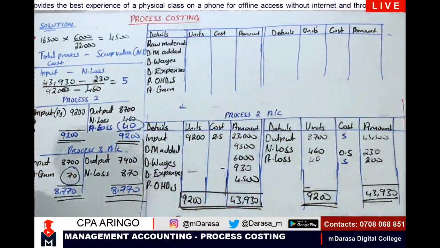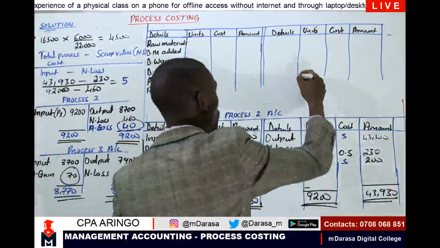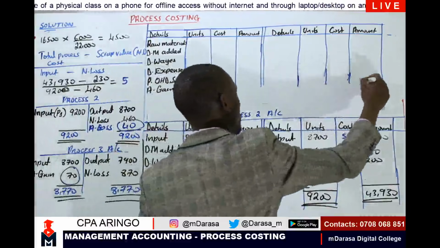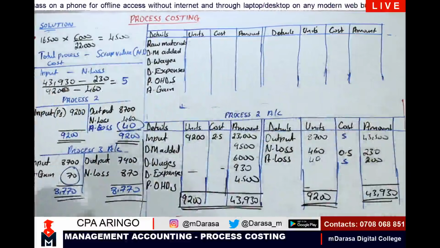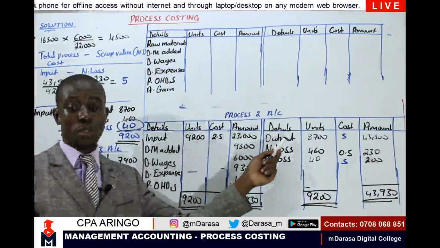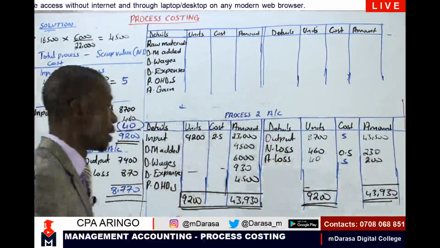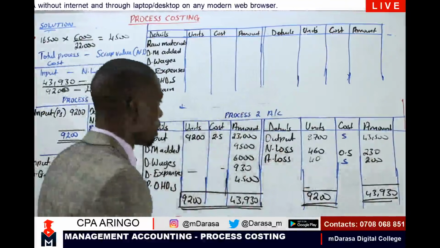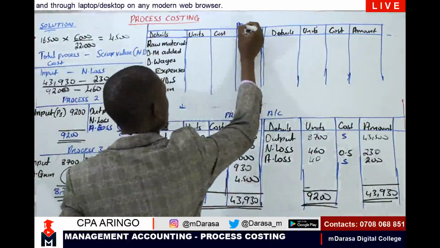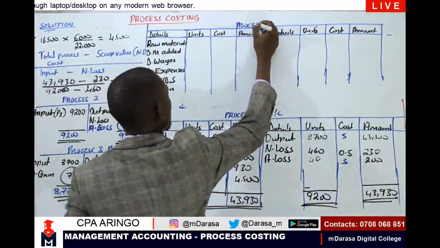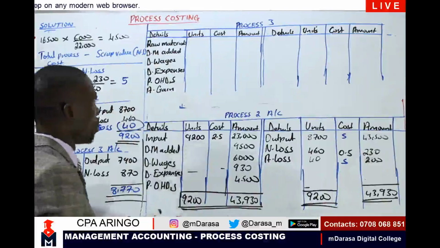So after having that, the next thing to do will be what? I'll just be taking our values, meaning that the output for process 2 should be the input for process 3. So raw materials, talk of our input.